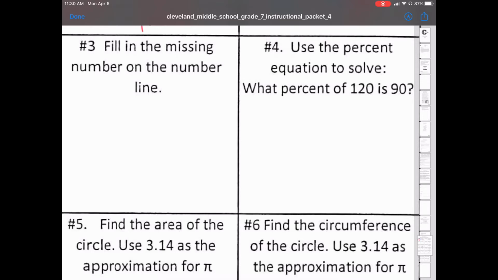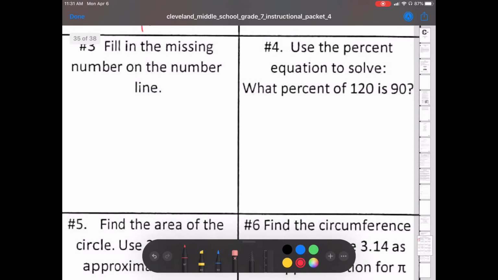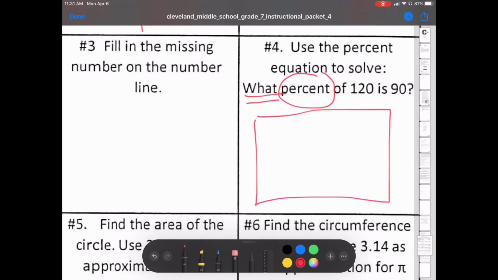We want to use the percent equation to solve what percent of 120 is 90. All right, so with the percent equation, what we want to pay attention to is that it is talking about a percent and it's asking us to find that percent. When we see that, we always want to use a window.